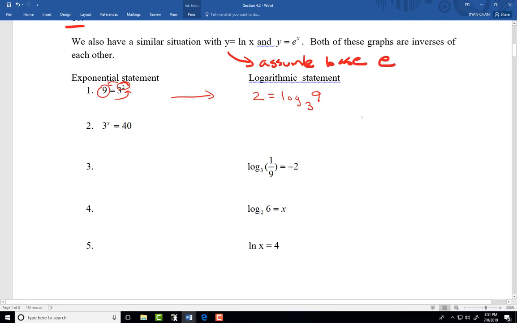Now, let's do this one right here, number 2. So the exponent will swap places with the item by itself, which happens to be 40. So the way this is going to happen is, notice the 3 here doesn't move either, so that will be the base for your log. The 40 will go on top, and then the x will be by itself like this.